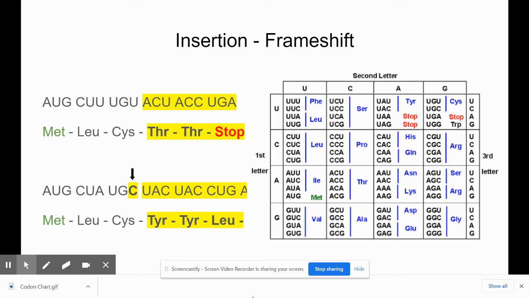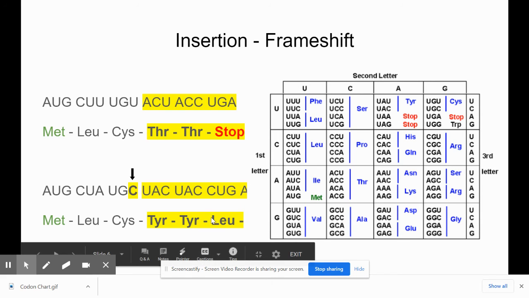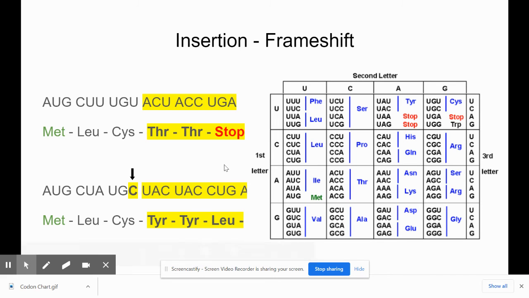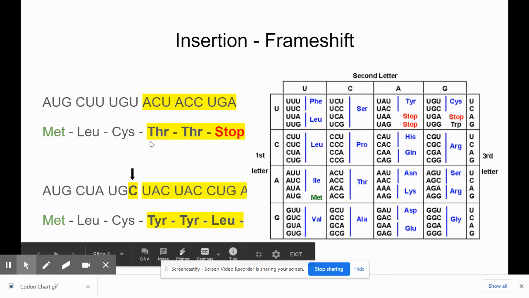These yield non-functional proteins, essentially non-usable proteins, and these are often associated with lethal consequences. The frame shifts are bad because every single amino acid after the insertion is going to be the wrong amino acid, and without the proper amino acids, you don't have the proper form, you don't have the proper function.